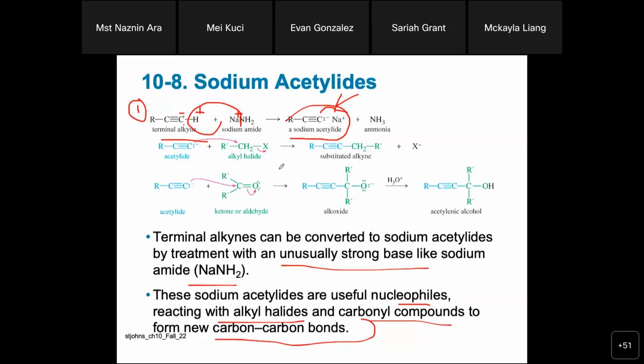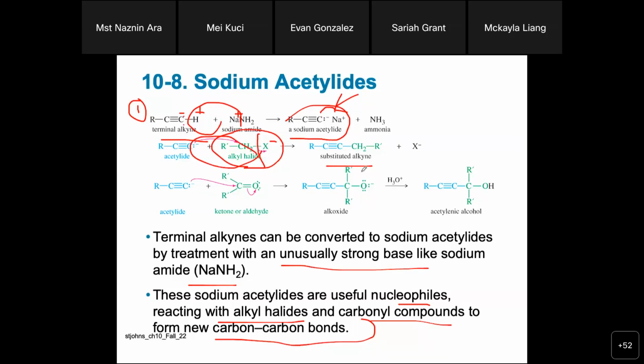Then these react with the alkyl halide. This is the negative ion, so this bond will break and they will be attached here, a substitution.